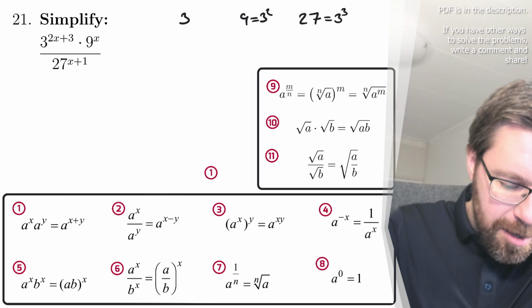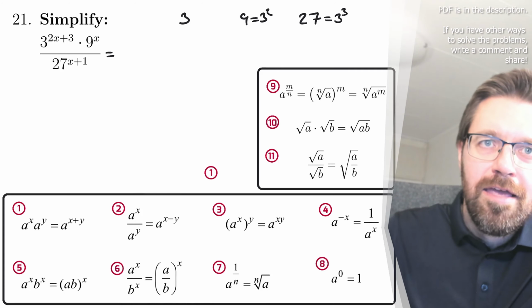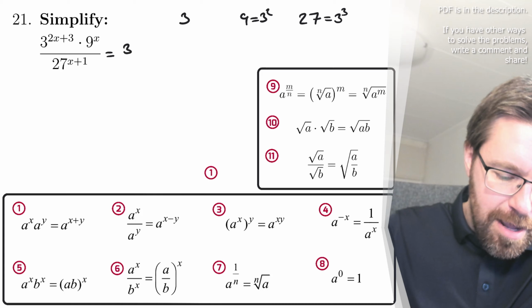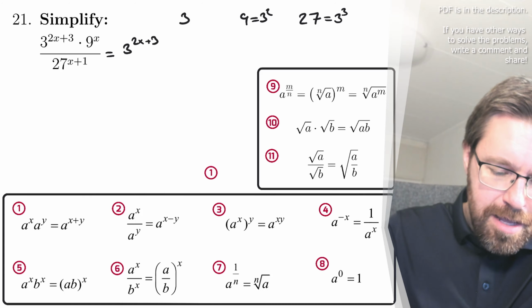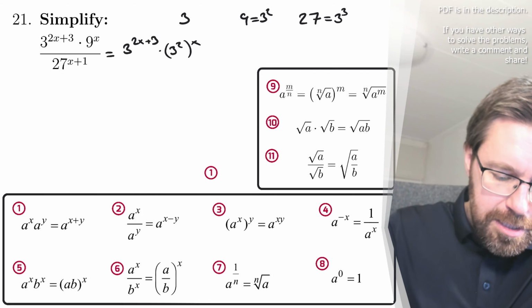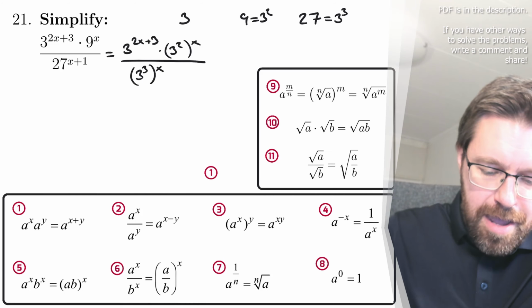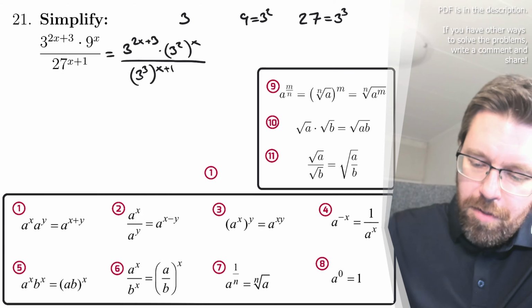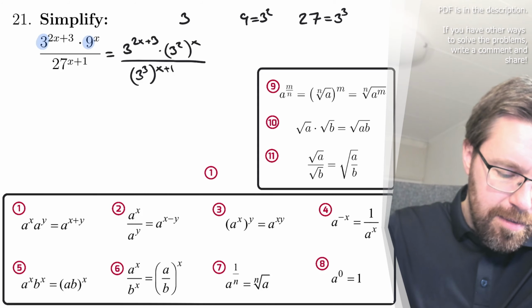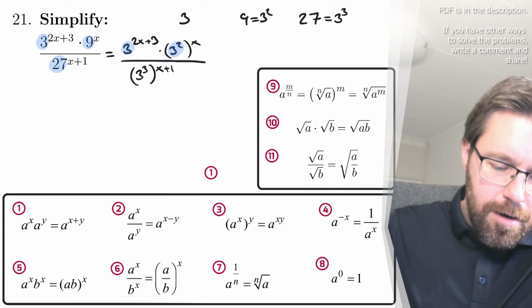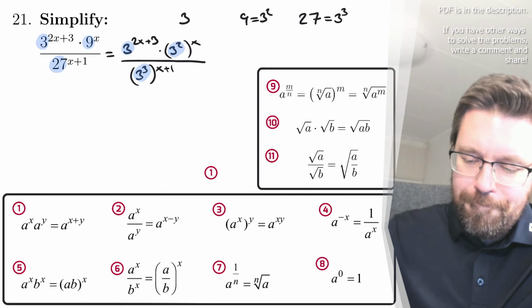So I rewrite the whole thing as this: 3 raised by 2x plus 3 times 3 raised by 2, and then raised by x, divided by 3 raised by 3, and then raised by x plus 1. So all these bases we have rewritten like this.